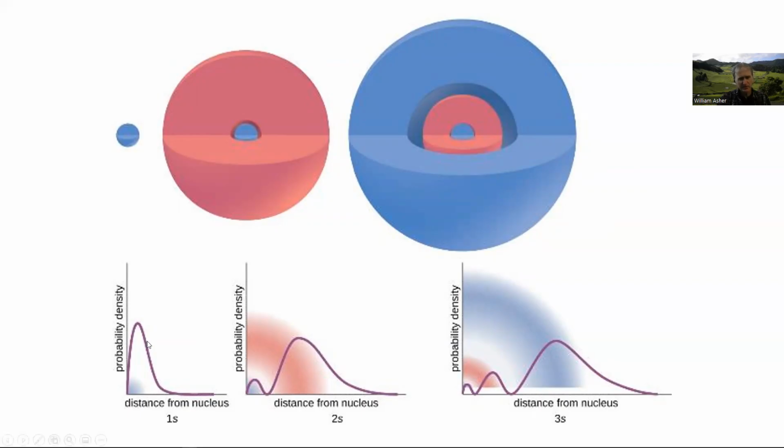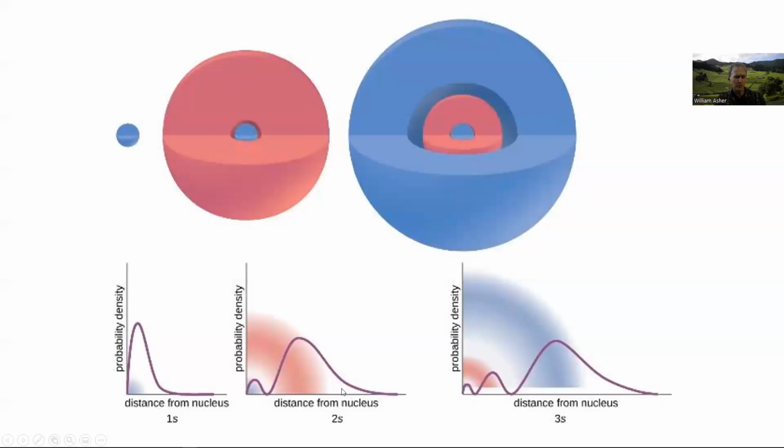Because they are spherically symmetric, the probability density of finding the electron at a certain distance from the nucleus has one bump for the 1s orbital. The 2s orbital has two lobes, and the maximum probability is farther from the nucleus. The 3s orbital is even farther away.